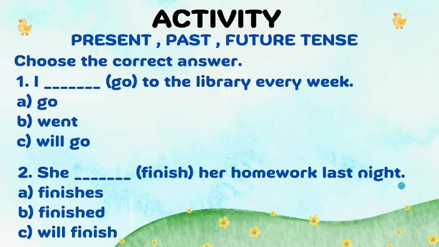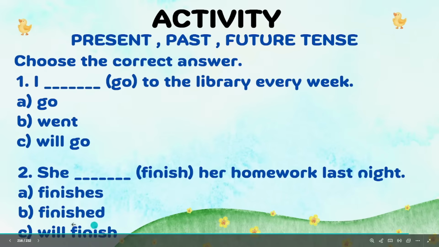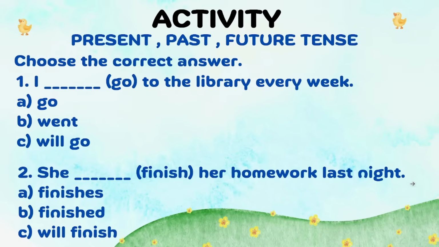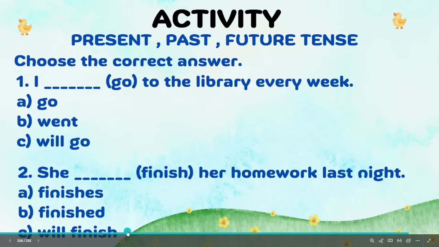So, what are you going to use here? Is it A, B, or C? Of course, it's going to be letter B. Why? Because of this, last night. It's done already. So, it's in the past. So, this one is present. This one is past. And this one is the future. The word will finish for the letter C. Okay? So, the correct answer here is letter B.